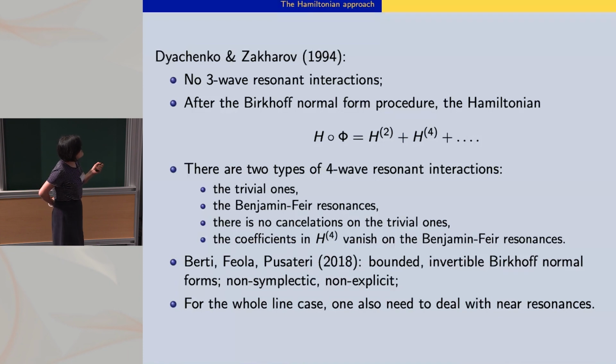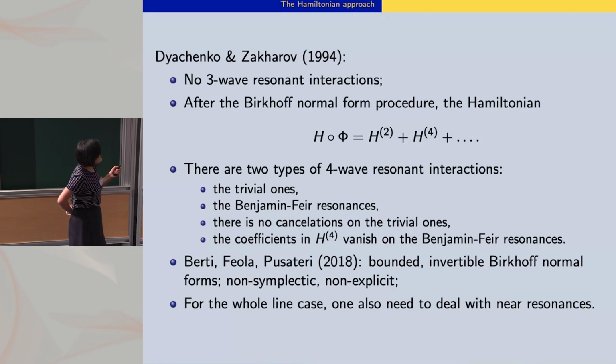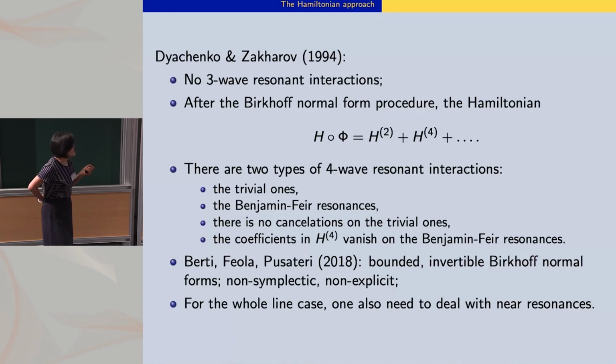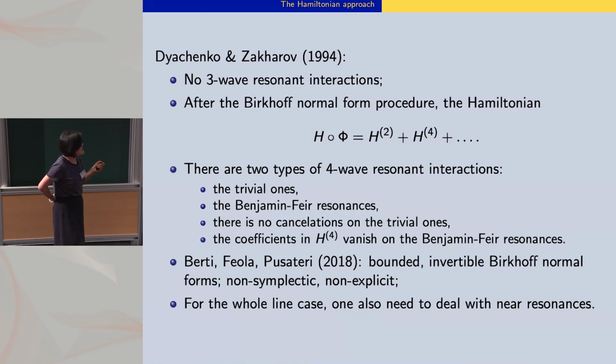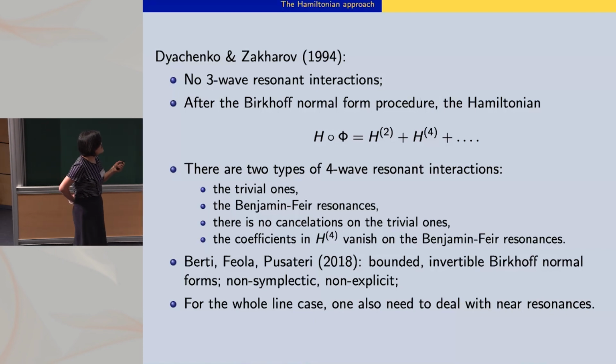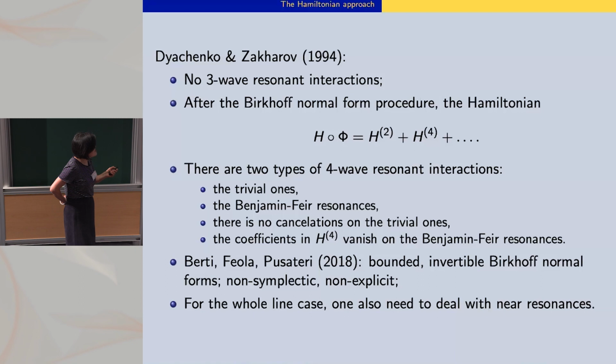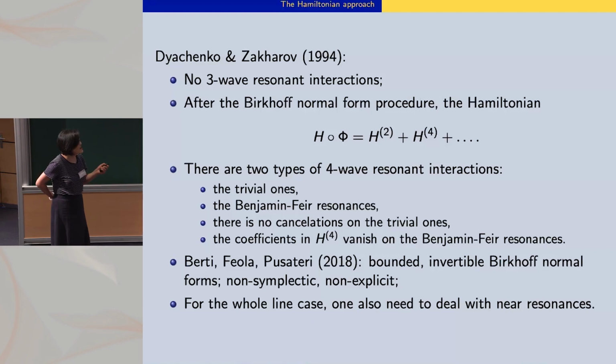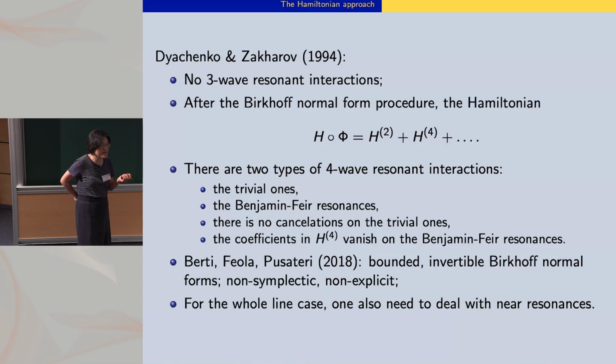There's no three-wave resonant interaction, and after some Birkhoff normal form procedure, you can write the Hamiltonian system like this, doing some Taylor expansion. So there's no H3. For the four-wave interaction, there is a trivial one, and there's also the Benjamin-Feir resonance. They show that there are no cancellations on the trivial ones, and the coefficients on the Benjamin-Feir resonance just disappear.